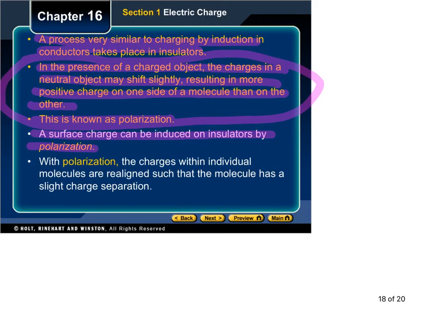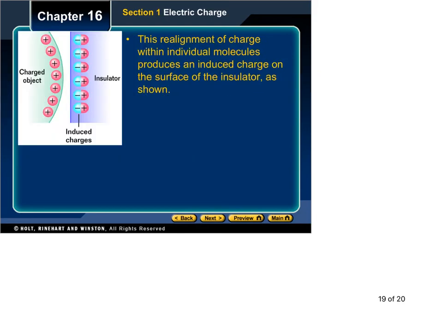In polarization, charges in an individual molecule are slightly realigned, so the molecule has a slight charge separation. Kind of like in the induction where we brought the charged object next to it, it causes things to shift. Same thing happens here, except it's not a permanent shift.